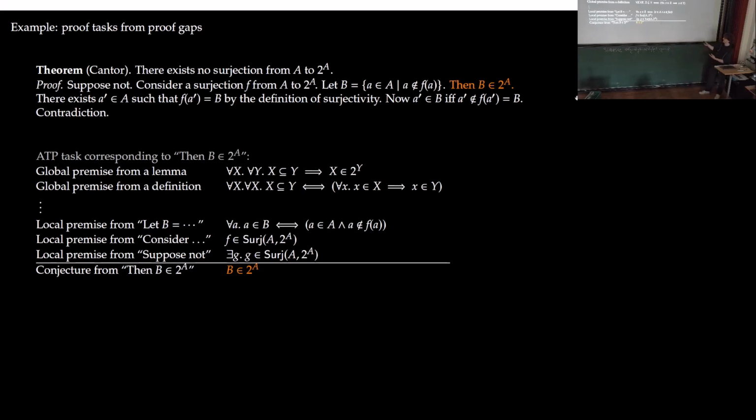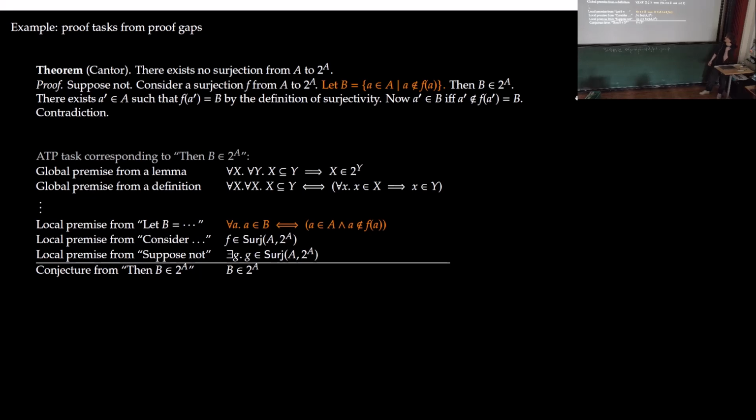And this is handed over to a first-order automated theorem prover, an ATP, like Vampire, for example. In this case, the problems are very easy for an ATP. This takes a fraction of a second. Hopefully, you also only need a fraction of a second as a human reader for this type of proof step. But of course, you can imagine that in more general cases it's more difficult.